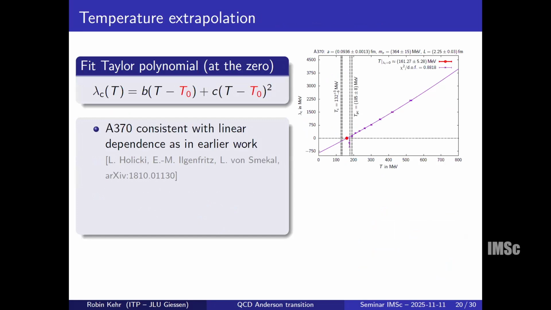Okay, and then when modeling the temperature dependence, here we have a quadratic fit, even though this is well described by a linear fit. If we fit it, the coefficient for the quadratic term is consistent with 0. This is also in agreement with the past where linear dependence was observed.